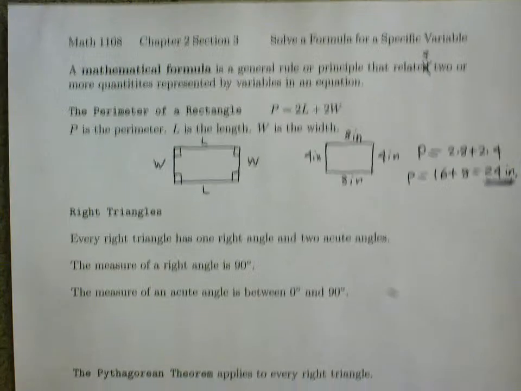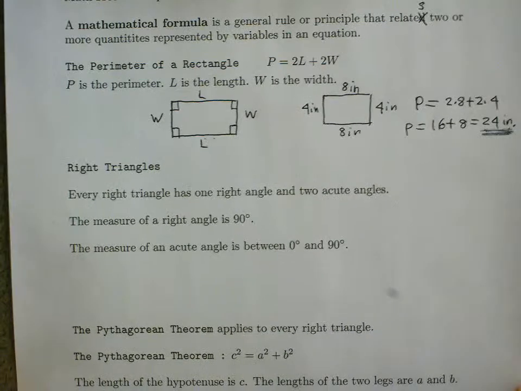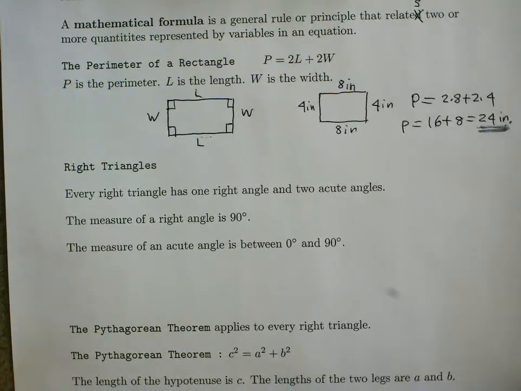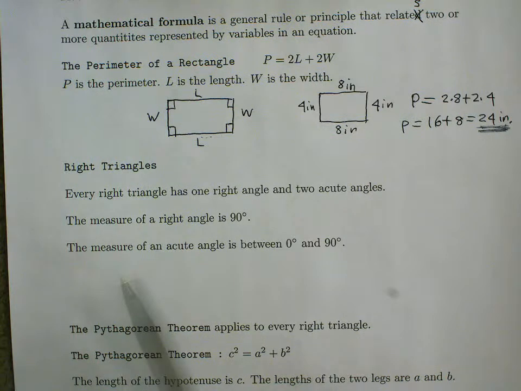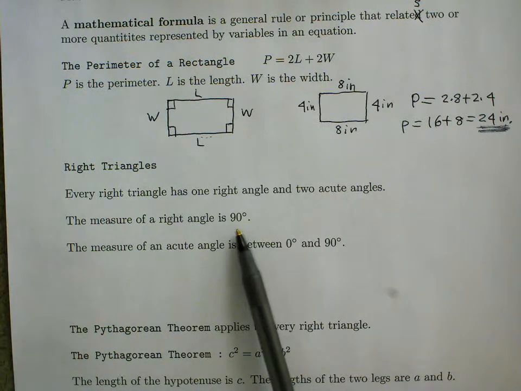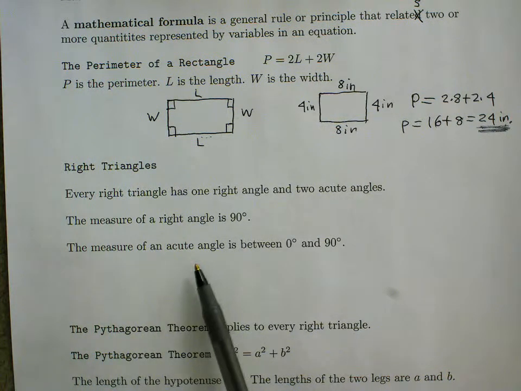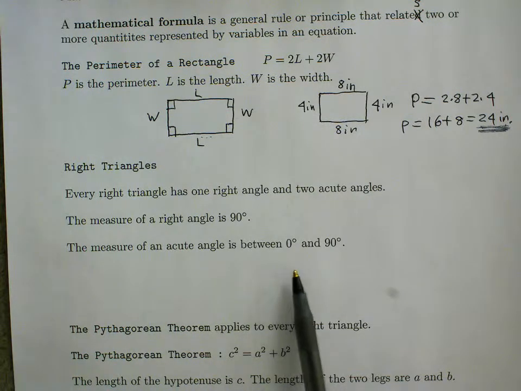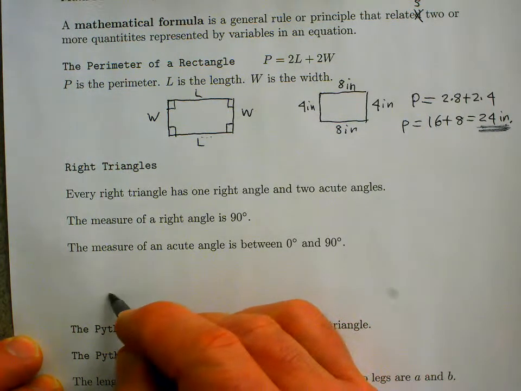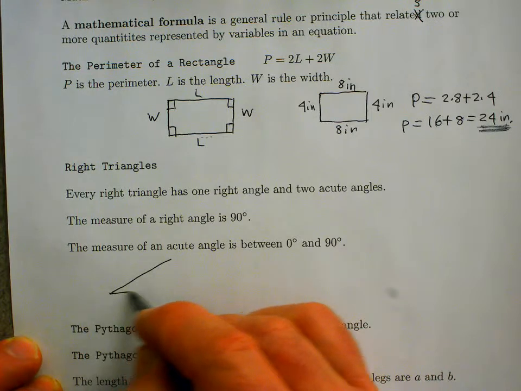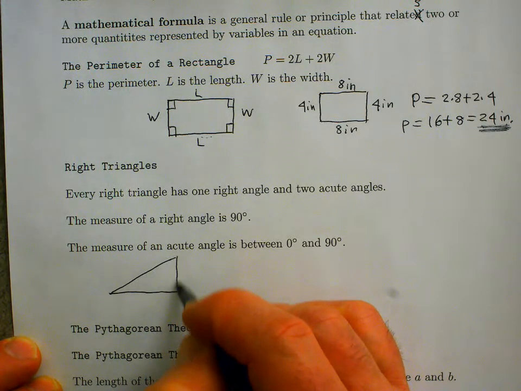Okay, right triangles. Every right triangle has 1 right angle and 2 acute angles. The measure of a right angle is 90 degrees, and an acute angle has a measure that's between 0 degrees and 90 degrees. So there's all kinds of ways that we can draw a right triangle.